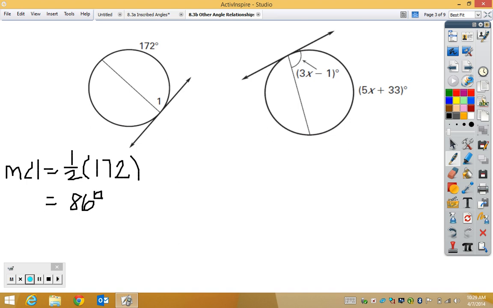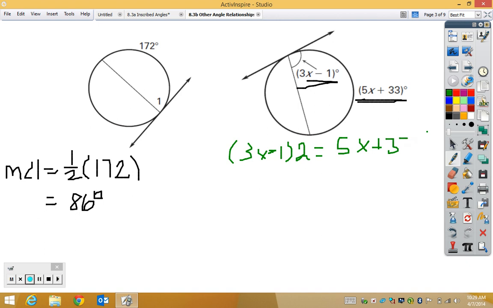For the second one, we want to find our value of x. We have 3x minus 1 is the measure of our angle, and the measure of our arc is 5x plus 33. So we set it up. We have 3x minus 1, and instead of having it equal 1/2, I'm going to just multiply this quantity by 2, set it equal to 5x plus 33.